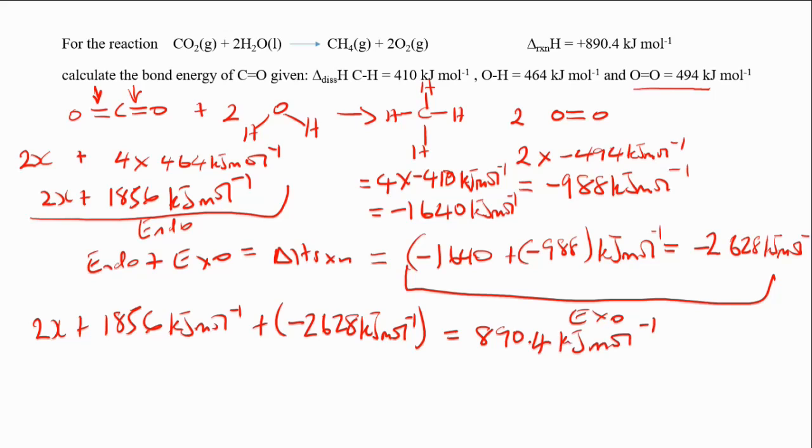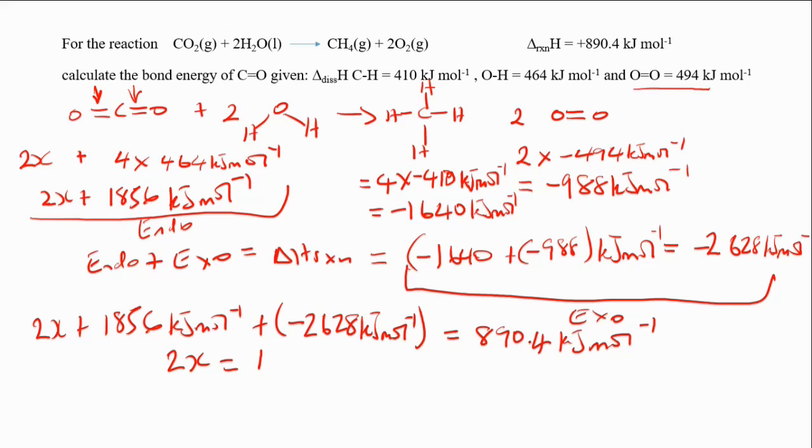Right. Okay. So basically, what you'll find is that 2x is equal to 890. When we take 2628 across the equal sign, it becomes positive. So it's 2000 plus 628, minus 1856. Yes, just punching into my calculator here. Okay, so this is what we end up with. Let me show you what I got.